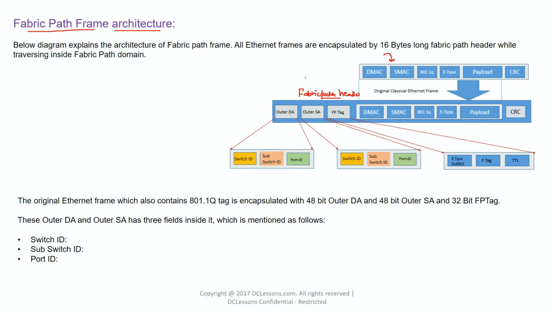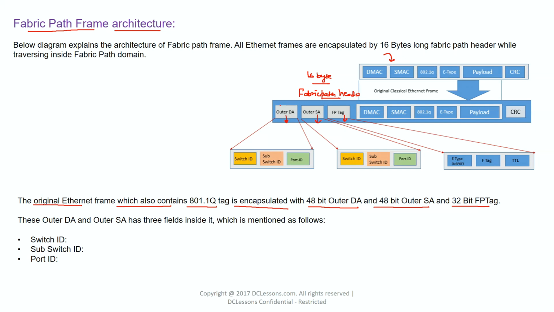The fabric path header is 16 bytes. The original Ethernet frame, which also contains the 802.1Q tag, is encapsulated with a 48-bit outer DA, 48-bit outer SA, and 32-bit FP tag.